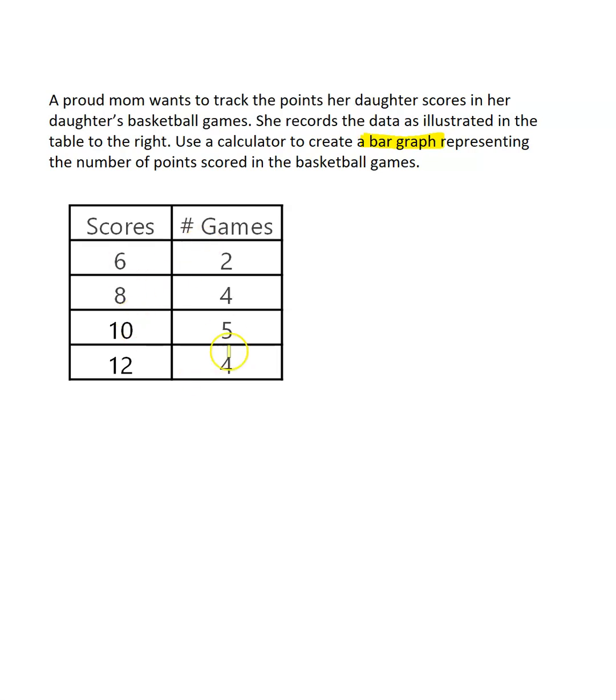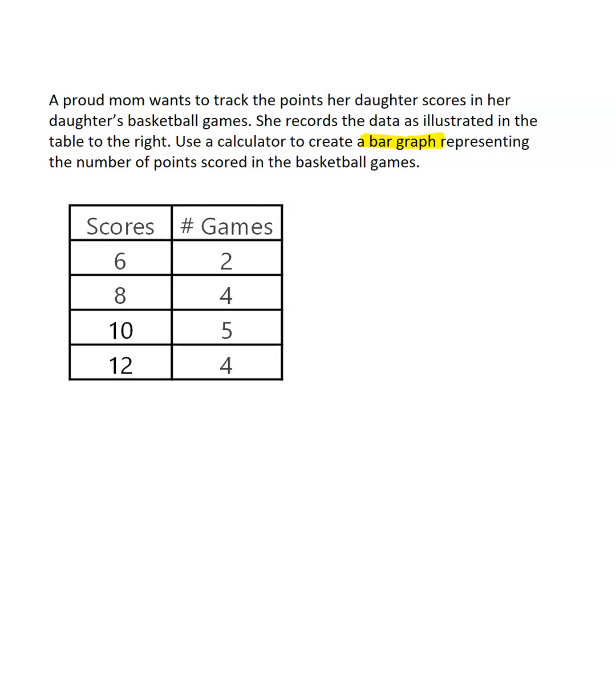Now you have these two columns, but you know that we always use just the one list. In fact, if you actually go to second y equals and do the plot, when you choose the bar graph, the histogram option in the type, you see that you only have X list to present. You do not have a Y list, or you don't have a frequency list. It's always usually set to 1.